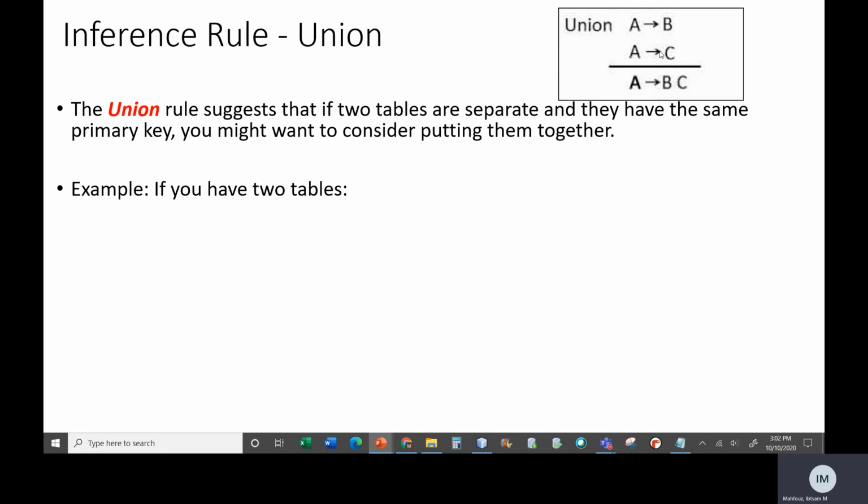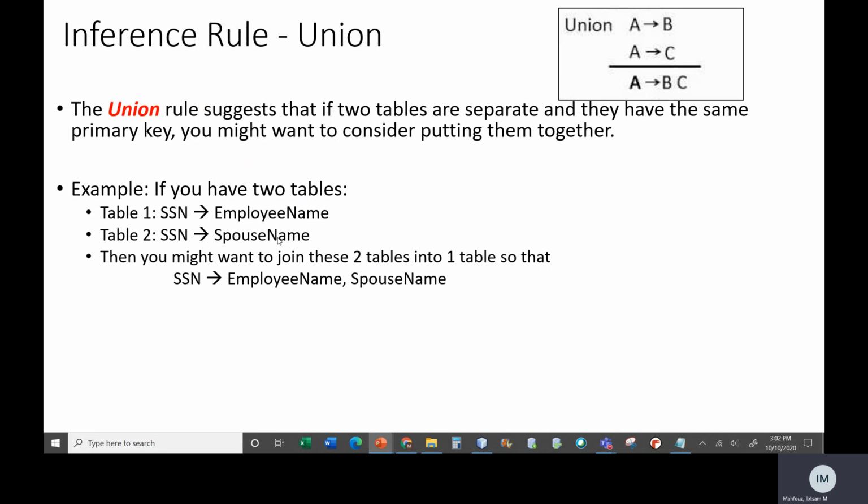Well, then we think that the right thing to do for these two tables is to put them together. So for example, if I have a table that stores the social security number and the employee name, and another table that stores the social security number and the spouse name, well, maybe I should consider putting those two together in one table where the key is the social security number, and that tells me the name of the employee and the name of their spouse.